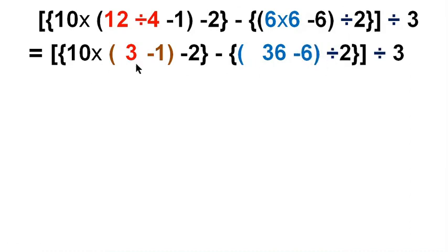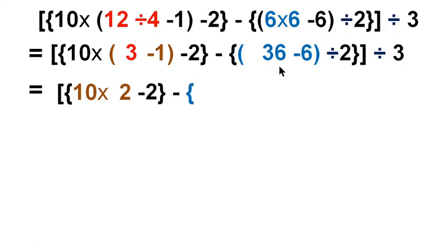Now just subtract here. If we subtract here, we can get 2, and write down same. Just subtract here, subtract 6 from 36, we can get 30, and write down all these same.